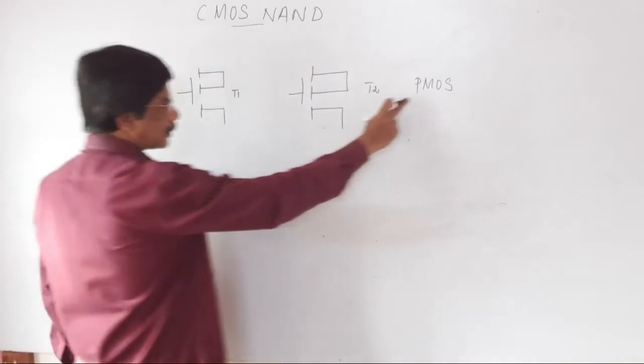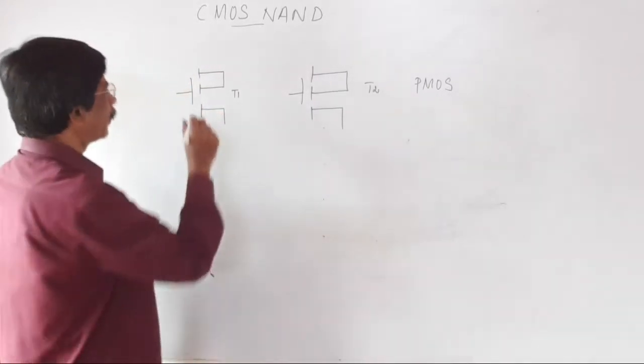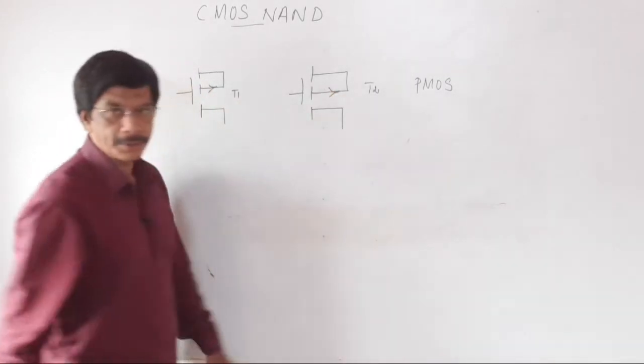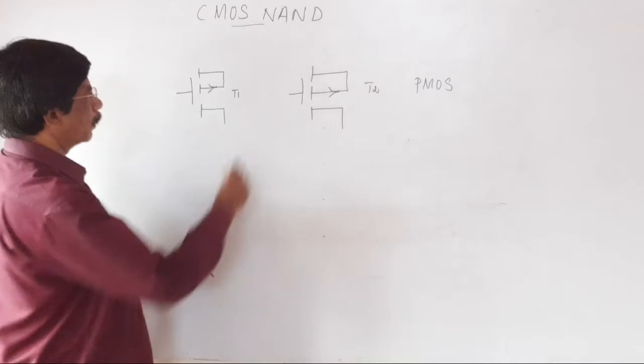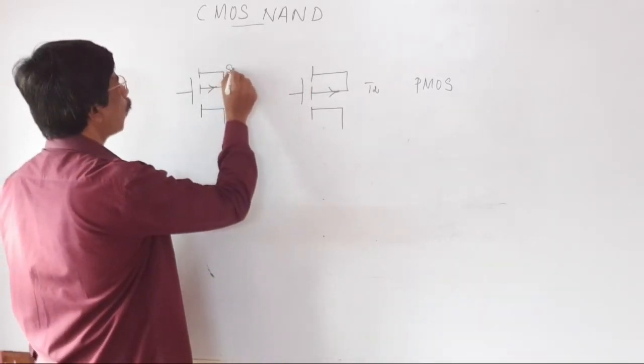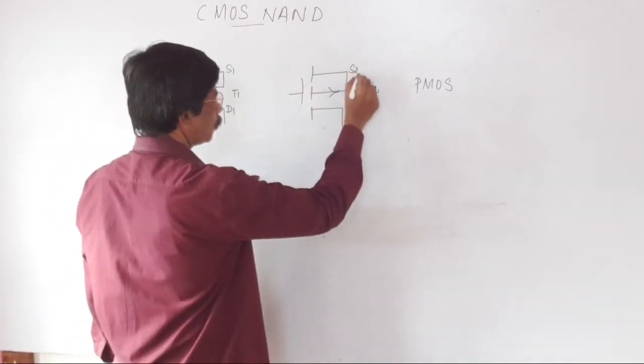In the case of a PMOS transistor, the arrow in the substrate is moving away from the gate terminal, and here also it is moving away from the gate terminal. This is drain 1, this is source 1, this is drain 2, this is source 2.